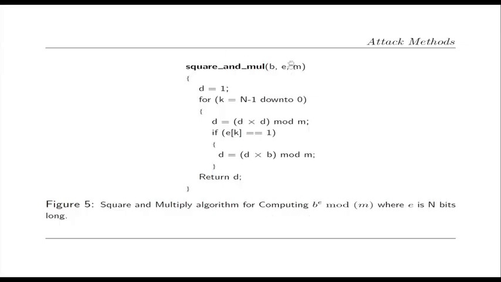Upon receiving C, Bob computes C to the power D, where D is the secret key. This type of expression we need to calculate using the square and multiply method. Every time we square, and we multiply if there is a 1. If we observe the time in this loop and the loop is taking more time, then we guess that the corresponding bit is 1.